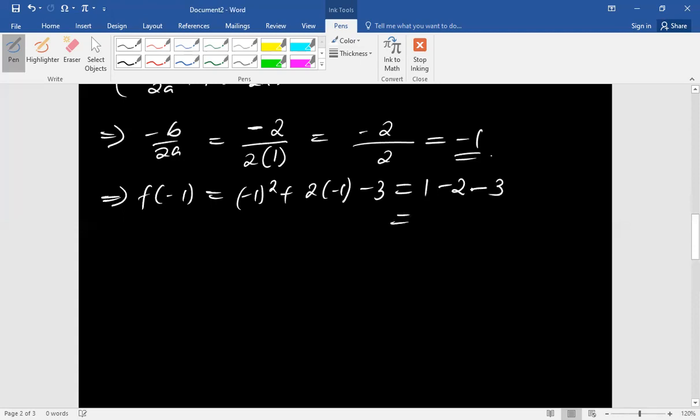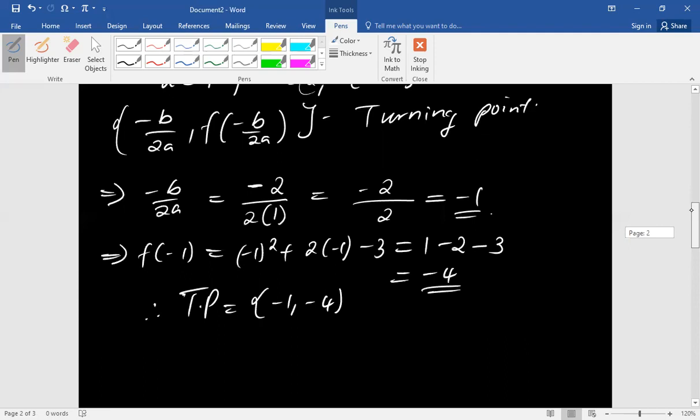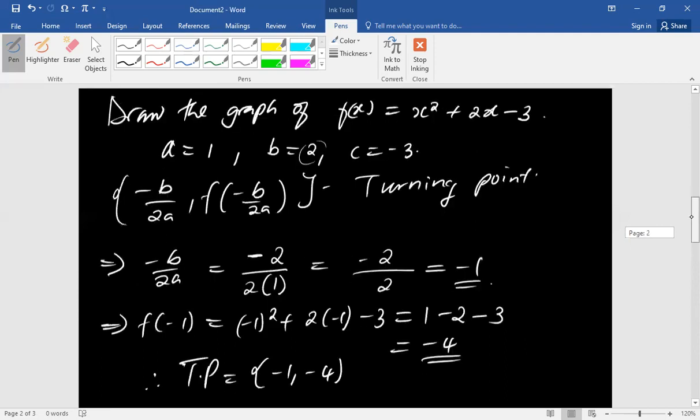So 1 minus 2 is negative 1, minus 3 is negative 4. That means the turning point is negative 1 comma negative 4. That's the turning point of this particular quadratic function.